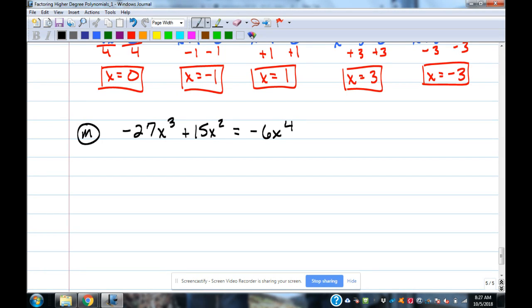Let's. What do we do first? Add 6x to the fourth. Why are we doing that? Get equal to 0. And then I'm putting it in descending order after that.